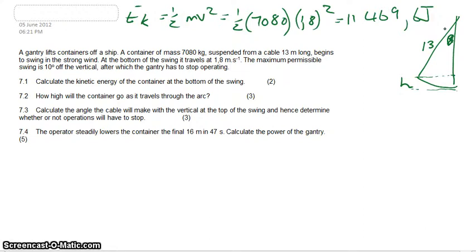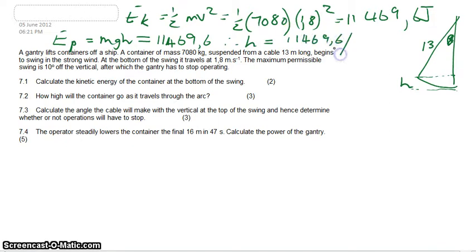our permissible swing. So let's take the potential energy, which is going to equal mgh at the top. It's going to be the same amount, 11469,6, and so therefore h is going to be 11469,6 divided by the mass and gravitational acceleration, 7080 times 9,8, and so that gives us 0,165 meters.